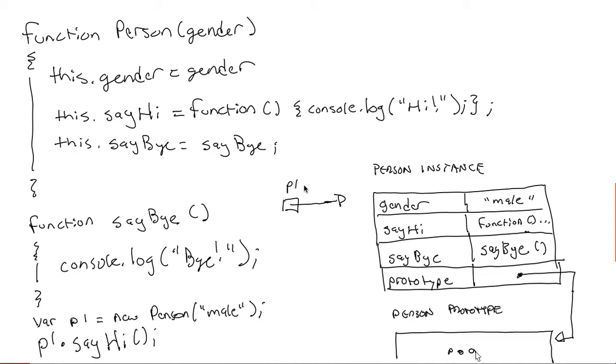And there's stuff in here, which you know from the previous example. Okay? So, if I say p1.sayHi, then what's going to happen is that the sayHi method located here is going to get invoked. And that will cause the function which issues the console log hi command to get executed.